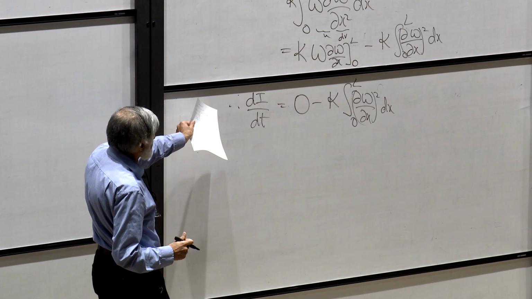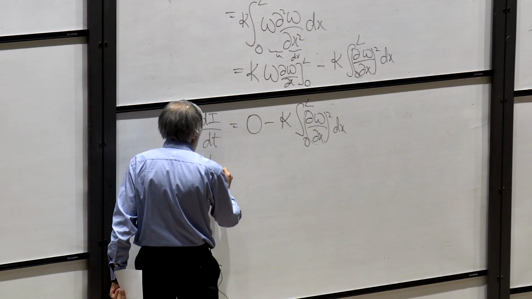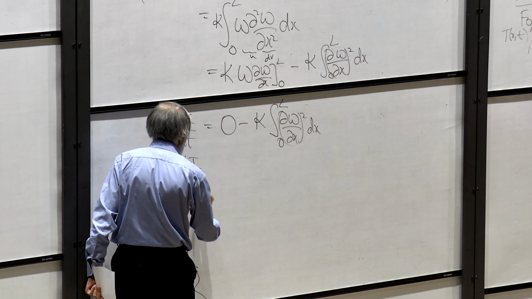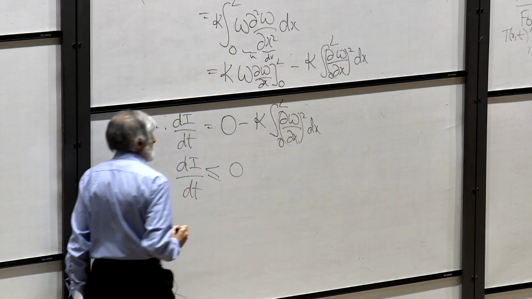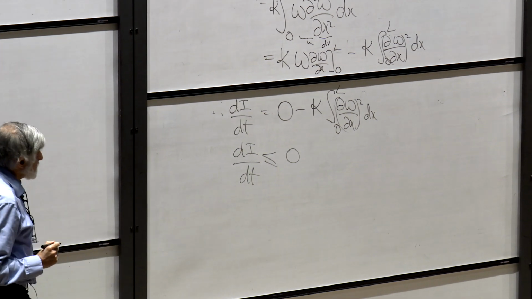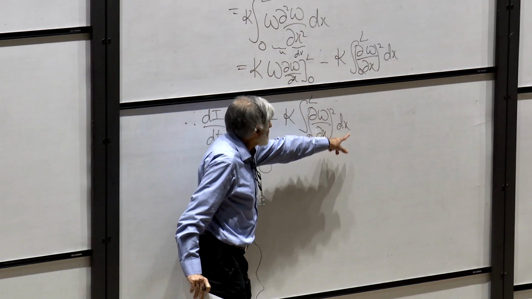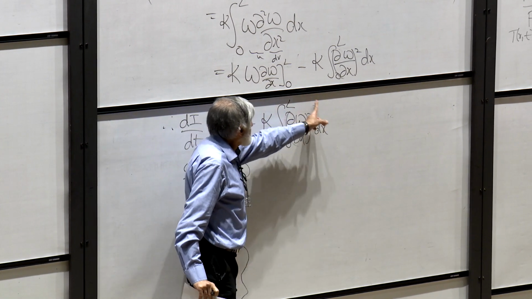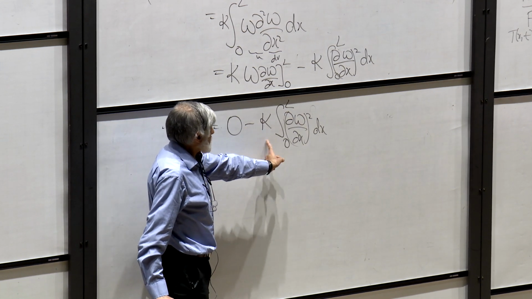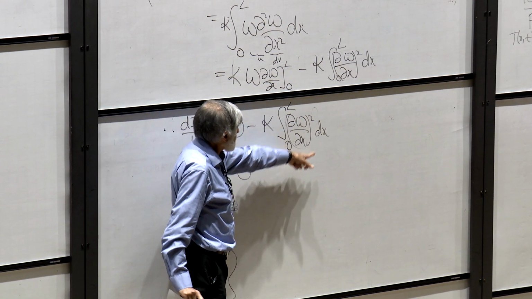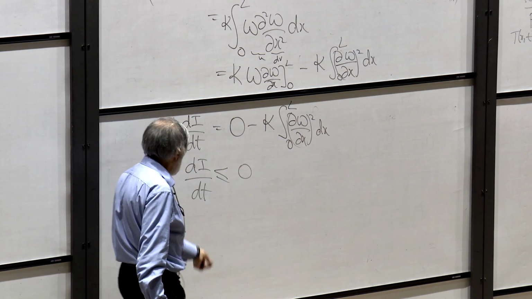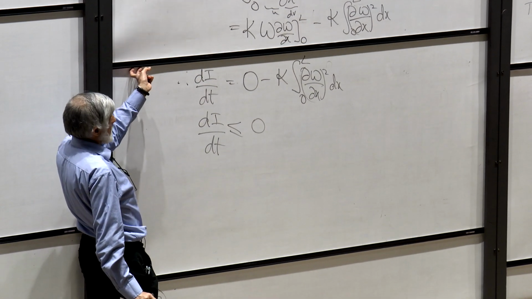And so that tells us that dI/dt is less than or equal to 0. Okay? Because this here is greater than or equal to 0, multiplied by minus, less than or equal to 0.